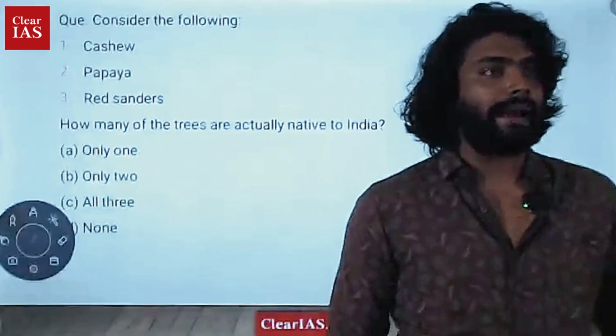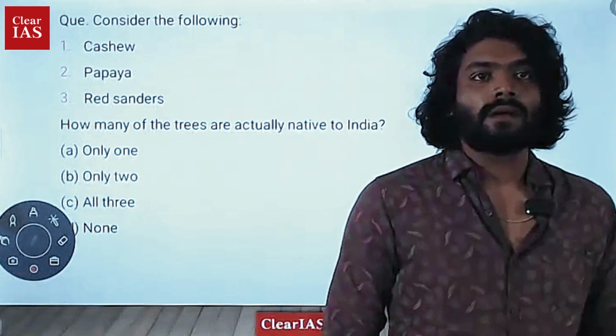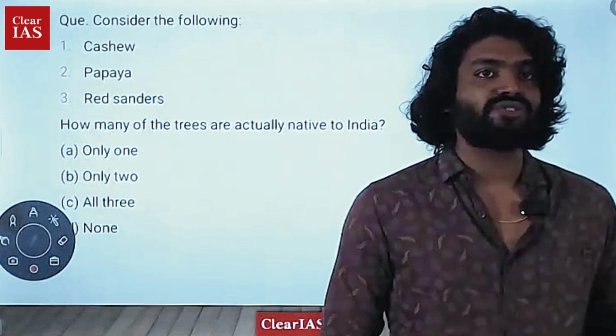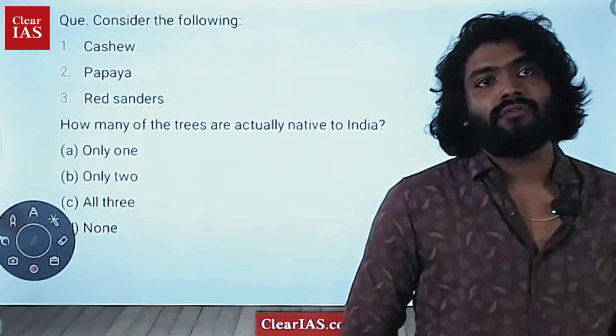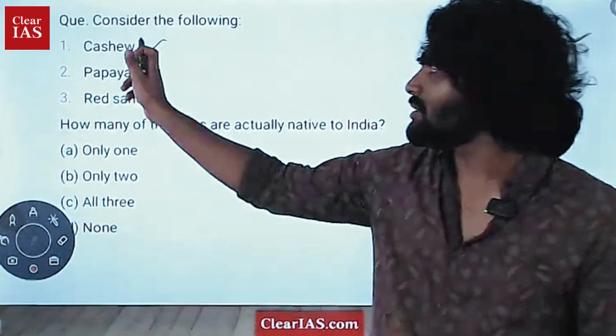In Kerala and elsewhere, some people called cashew by the name of the Portuguese. Portuguese actually brought cashew nut here from Brazil. So cashew is actually native to Brazil. This is wrong.